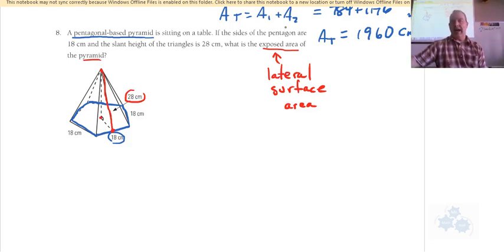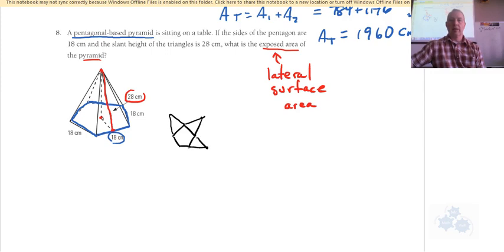So, for that one, should be fairly easy. You don't have to draw a net, but I'm going to really quickly here. If we draw a pentagon, and we have triangles that come out from each side, it kind of looks like this. Again, you don't have to draw this, but it looks a bit like a star, doesn't it?